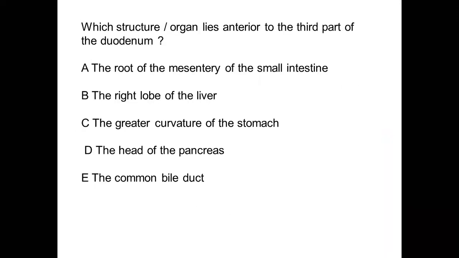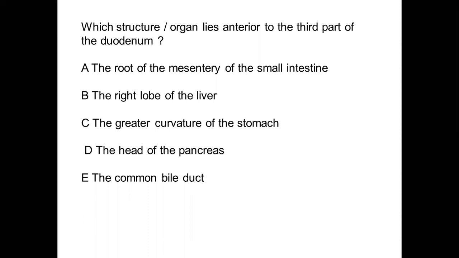Structure and organ that lies anterior to the third part of the duodenum. The root of the mesentery of the small intestine. Yes, excellent. It's anterior to the third part of the duodenum. And what does it contain?